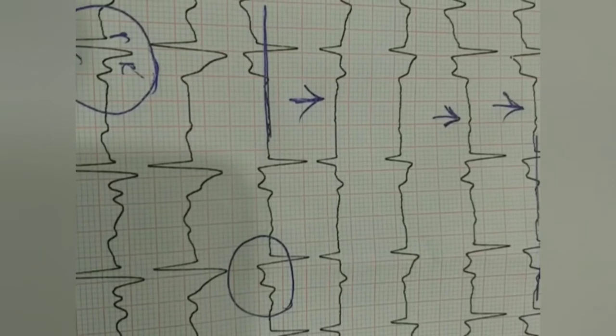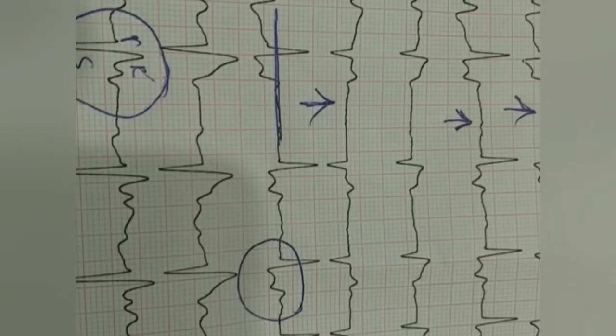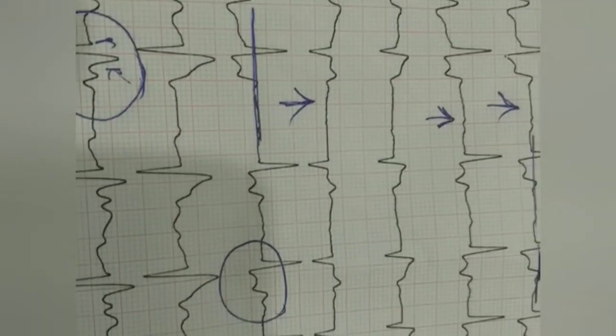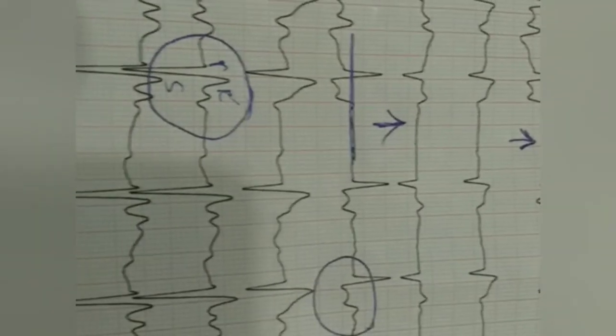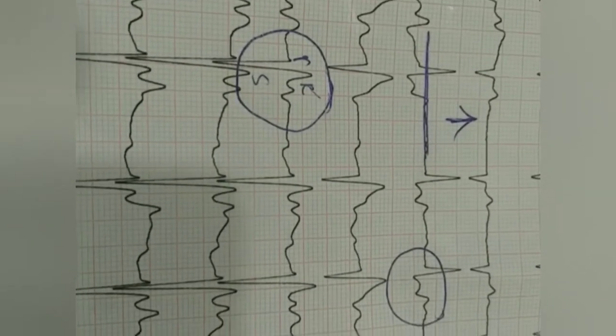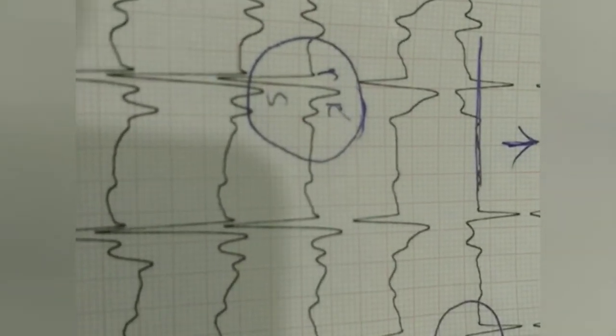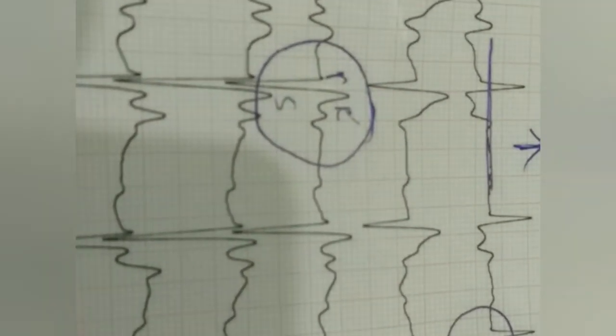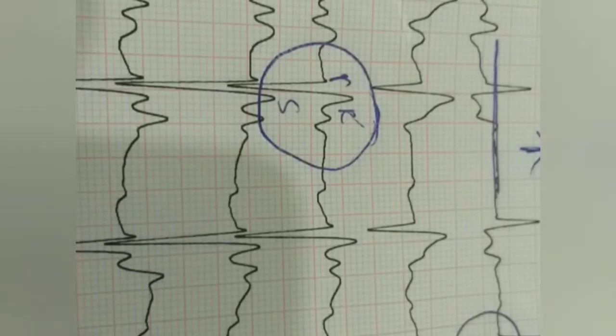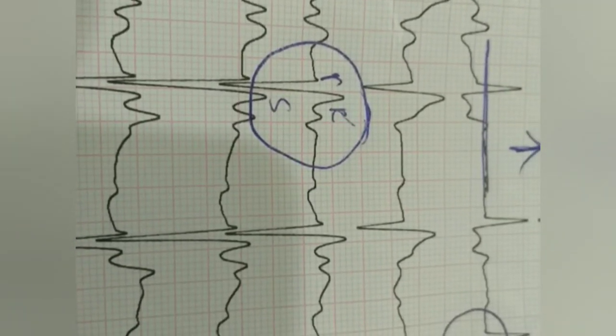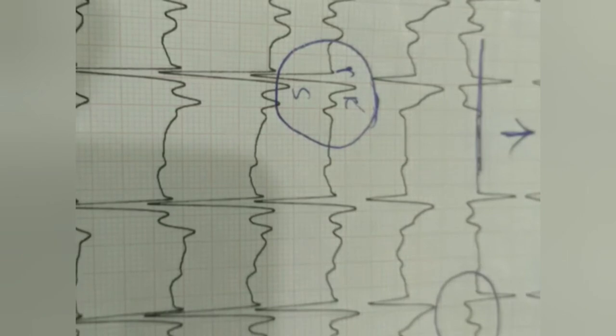So here it is very clear now that there is ST depression in 2, 3 and AVF, and there is a right bundle branch block with RSR pattern in lead V1 and V2 and broad QRS complex. So this is a right bundle branch block. This is an inferior wall non-ST elevation MI, and there is now blockage. So the right coronary artery is affecting the rest of the heart.